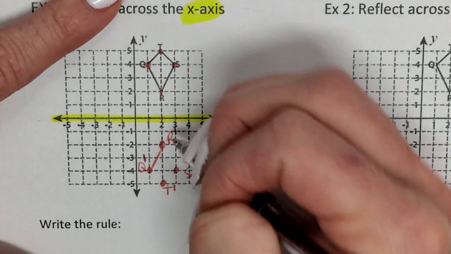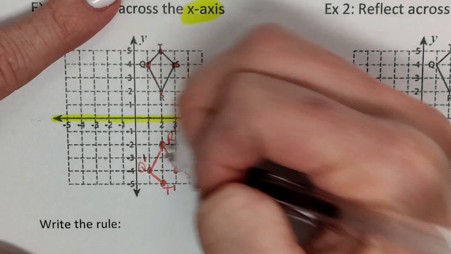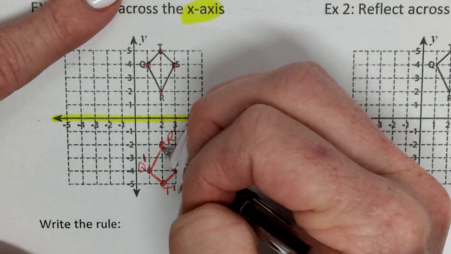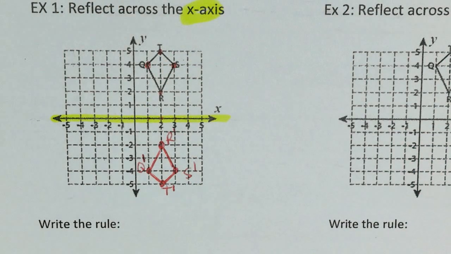And then I connect my dots, and my shape should look the what? Just upside down. Easy? Yes? All right. Are the side lengths bigger? No, they are the same. What's the word for same? Congruent.